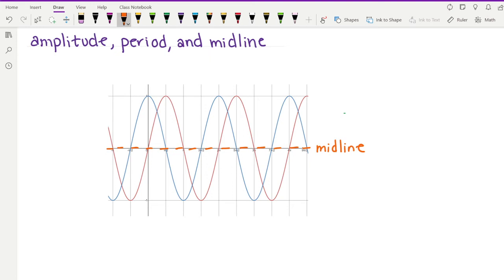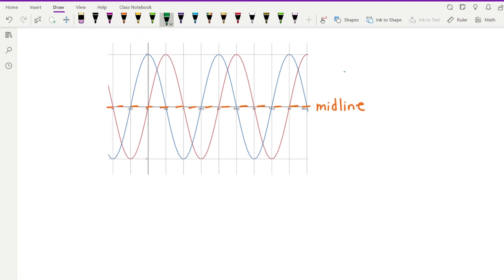So for sine and cosine graphs that have not been shifted, the midline is always going to be the x-axis. So y is equal to 0. And I'll write that down in a moment. Basically, it's just halfway in between the highest and lowest point, right? It's the place that the graphs start from and go back to at different points. That's the midline.